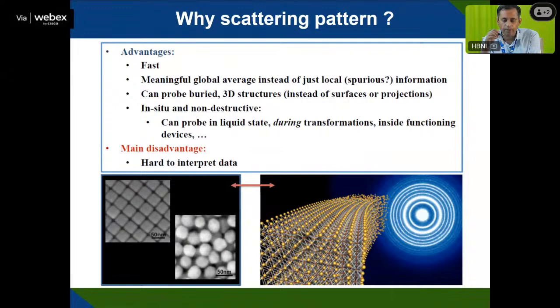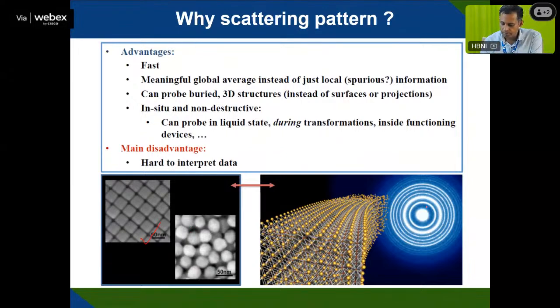If you see the advantages of this scattering technique, it is very fast, and it has a meaningful global average instead of just local information. Instead of giving local information, you will get a broader picture of the system, and it can probe the buried 3D structure instead of surface projection. Like if you see this TEM microscope, there we are able to see the surface structure.